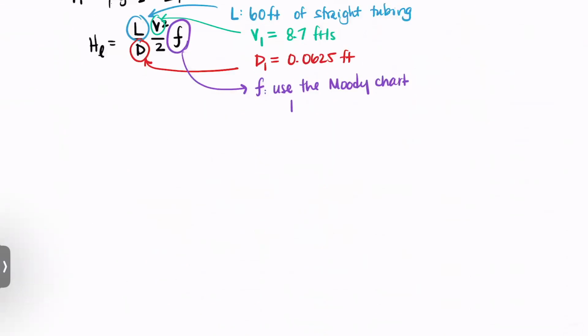So we have Reynolds number is 45,000, which is 4.5 times 10 to the fourth. Right? And then we need to figure out epsilon over D, the other thing that we need to read our Moody chart, right? We need to know the relative roughness.